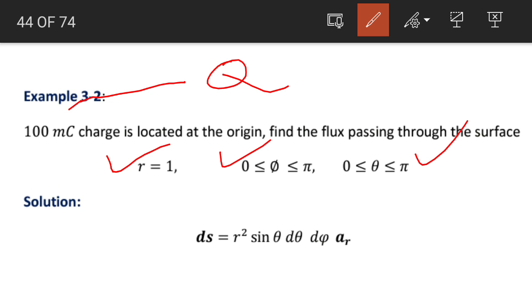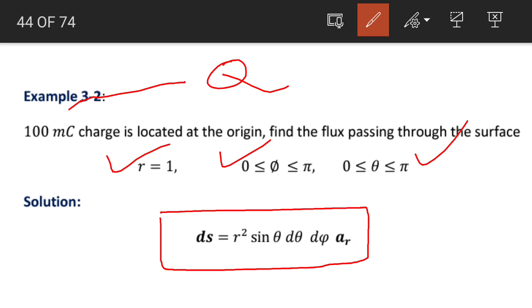We know that the differential area of the spherical surface in the direction of the unit vector AR is equal to r square sine theta d theta d phi AR.